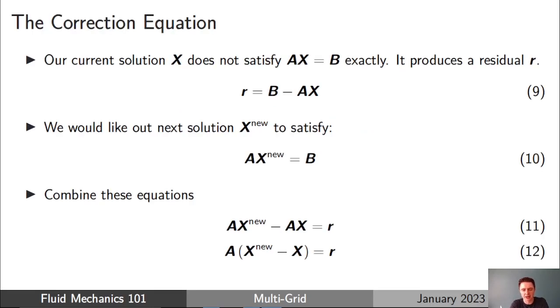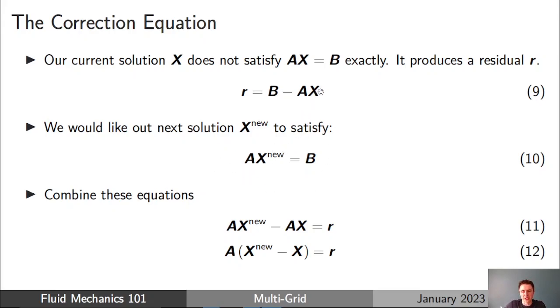So let's think back to our residual equation. Once we have our current solution from the given iteration of the Gauss-Seidel algorithm, we can evaluate the residual r. And what we would like is the next solution that we have in the next iteration of the algorithm, which I've called x new, to satisfy Ax equals b exactly. So that's what we would like to happen in our next iteration.